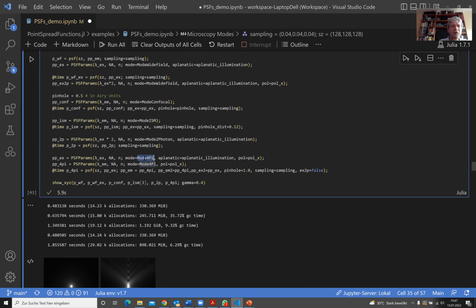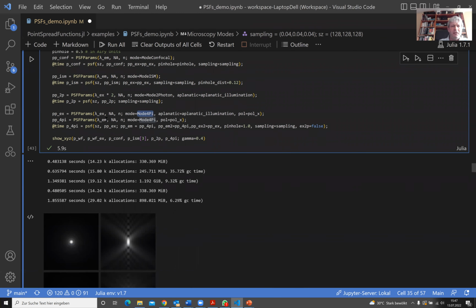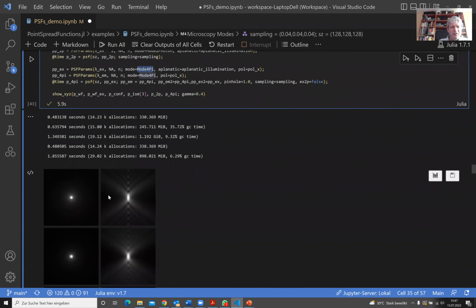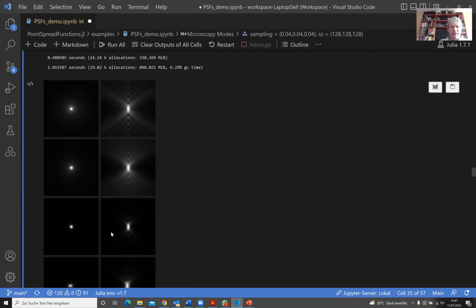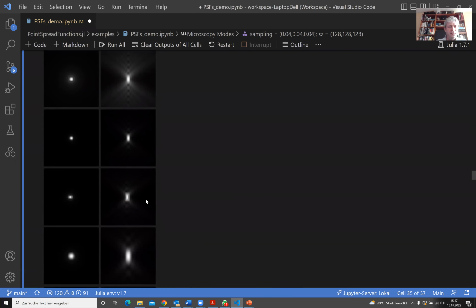In the case of these more complicated modes, sometimes you need not just one parameter structure, but you need to define one parameter structure for excitation and one for emission, and then it gets you the right result by combining them correctly. Here I calculated this with a slightly smaller field so that it is faster. And here you see the results of these various microscopy modes. The confocal mode has this optical sectioning, as does the two-photon mode.